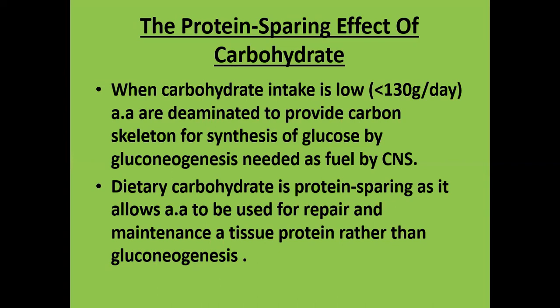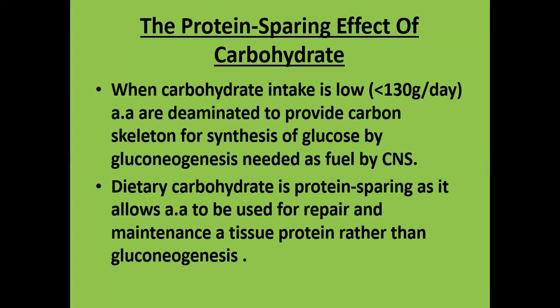The medulla of the kidney, testes, leukocytes, and white muscle fibers all depend upon glucose because they have few mitochondria. So when carbohydrate intake is less than 130 grams per day, amino acids are deaminated.